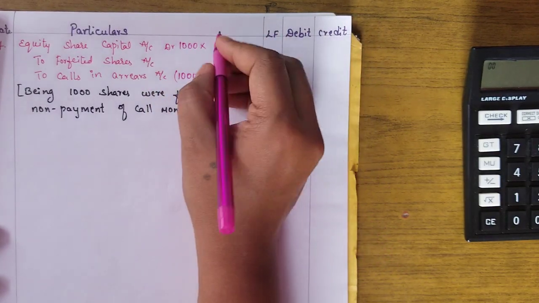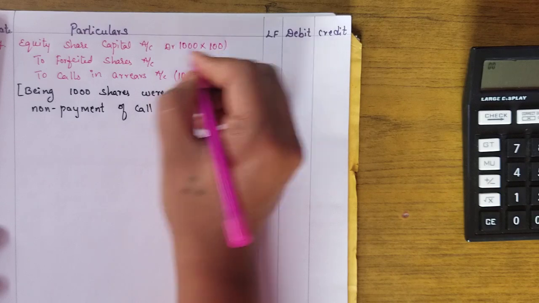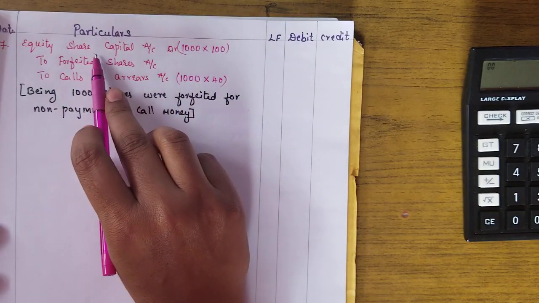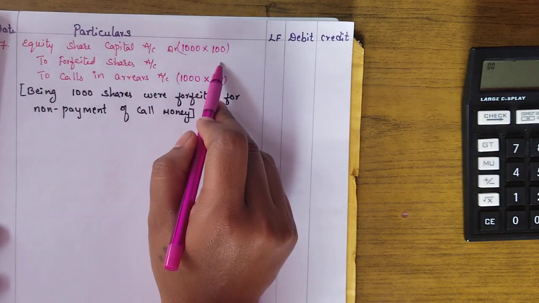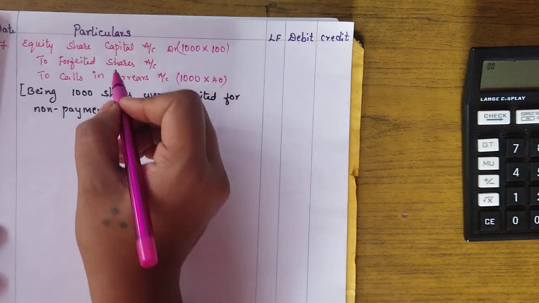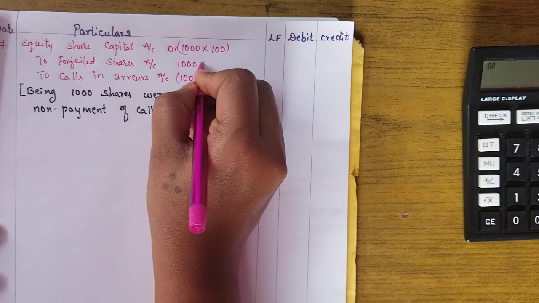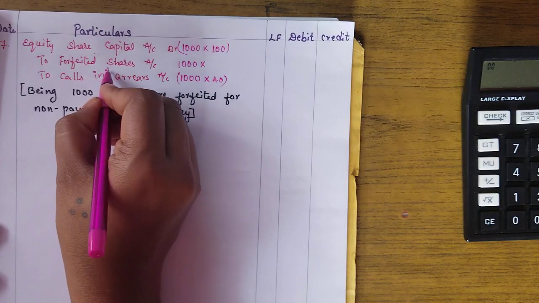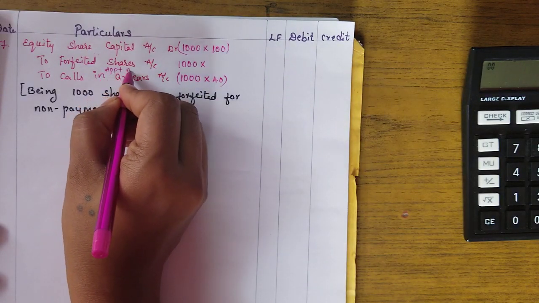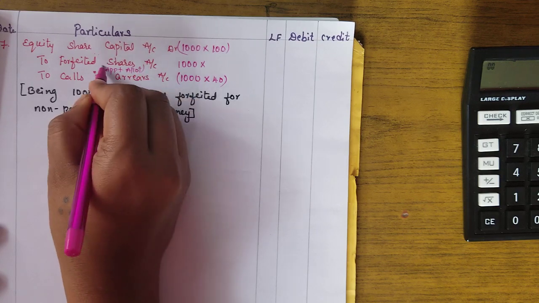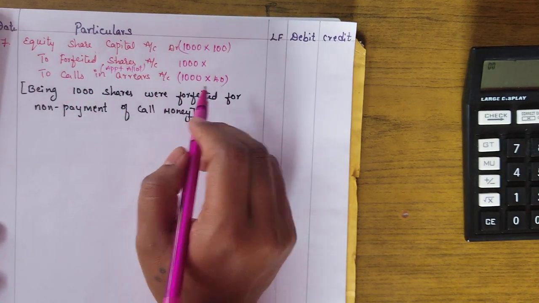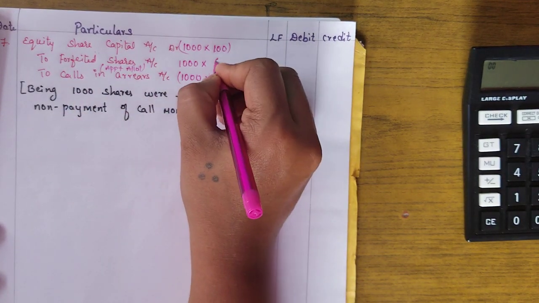What is the actual face value? 100 rupees, the share value. Always share capital will be calculated at the face value. Okay, again here forfeited shares is 1,000 into what is the amount? Application plus allotment. So application amount is 20 plus allotment is 40, it is 60.